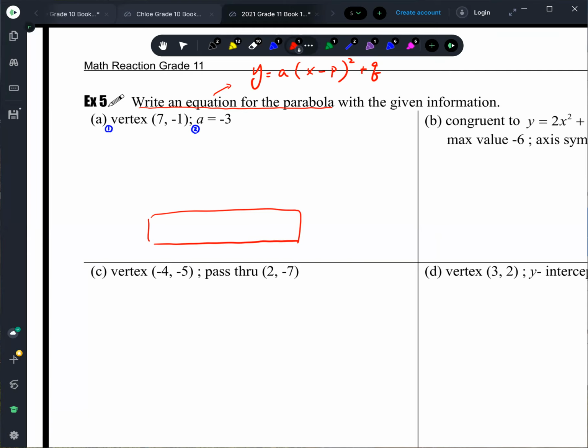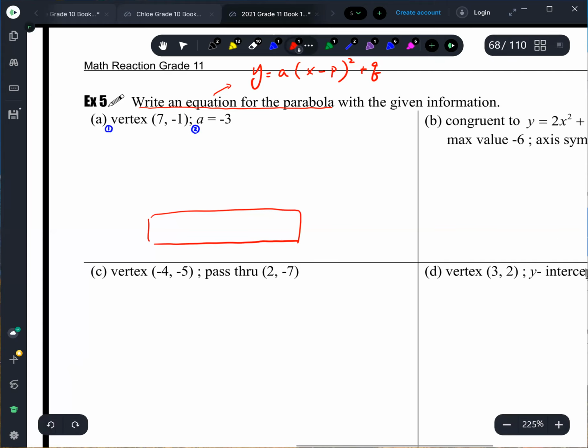They tell you the vertex, they tell you the a. How do we write the standard form?